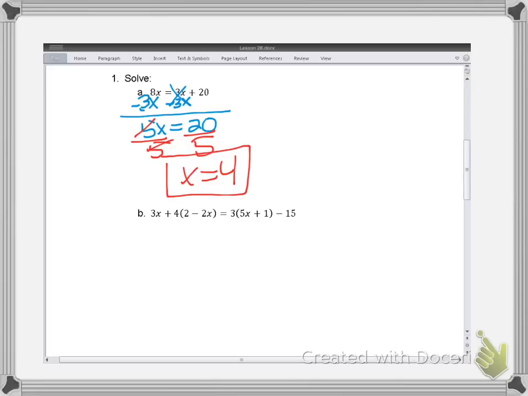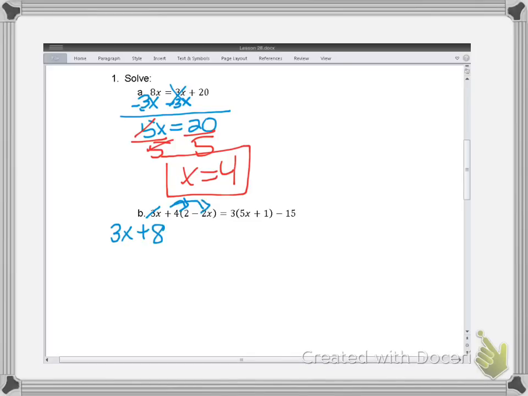Okay, the next problem here, B, we do have inclusion symbols, so we need to distribute. In the first one, it's the 4. We need to distribute this to the 2. So I'm going to just write down 3x because that isn't going to change here. 4 times 2 is positive 8, so that would be plus 8.